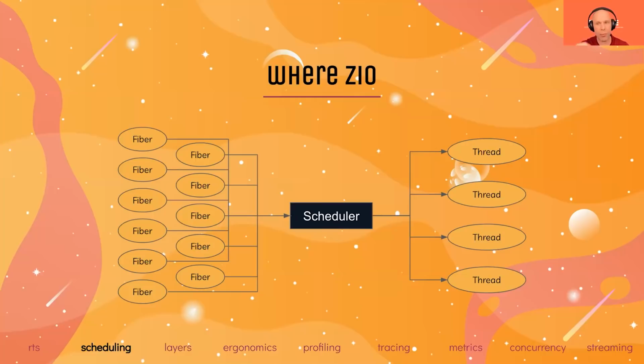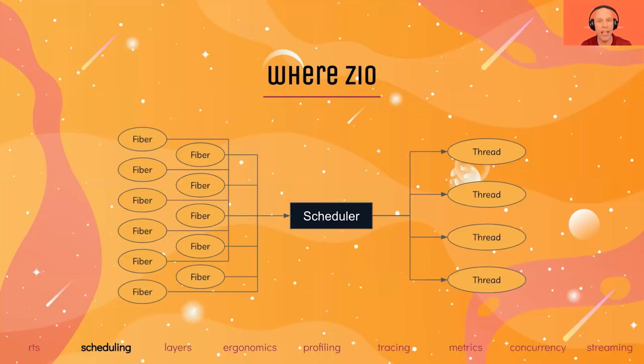So a scheduler is what sits between all the fibers and says, okay, you fiber, you're going to execute on that thread. And then you fiber over here, you're going to queue up behind that other fiber and wait your turn in line. And that fiber over here is going to execute on this other thread and so forth.